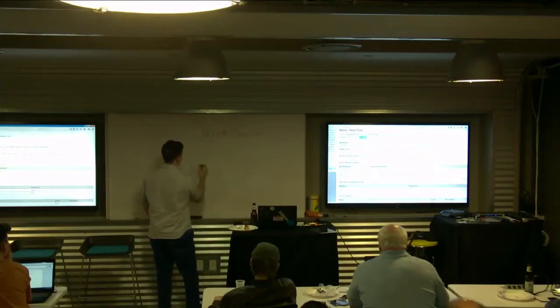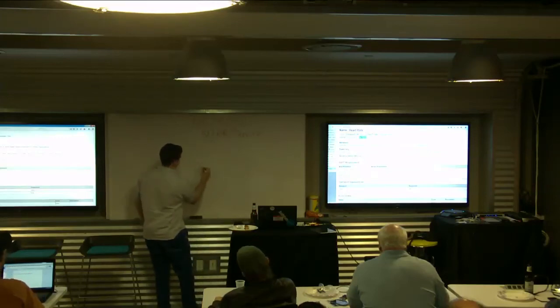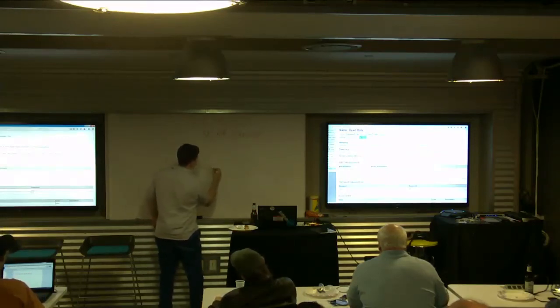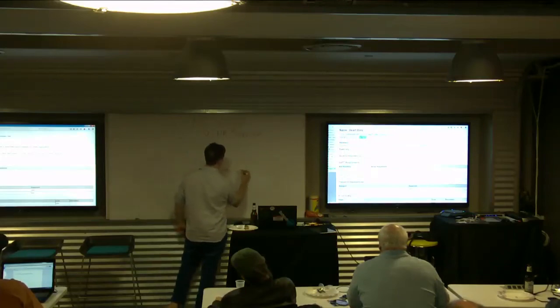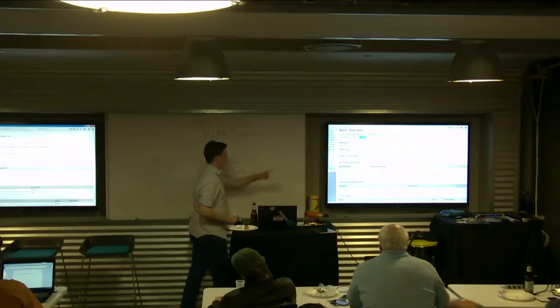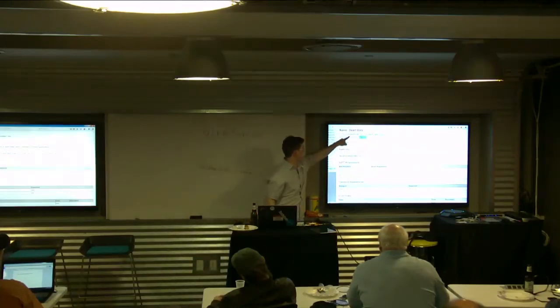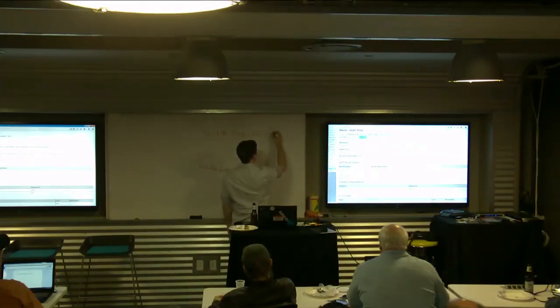And we have service 2, which is a device info service. Right here, it says that the heart rate service is hex 180D. So I'm going to put that here.